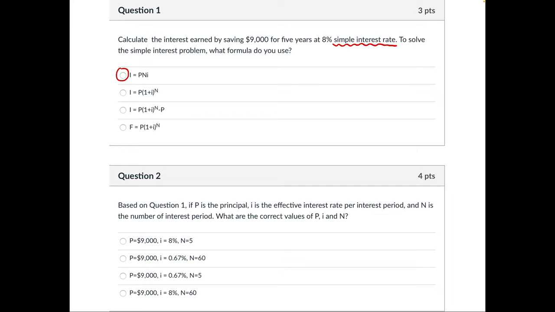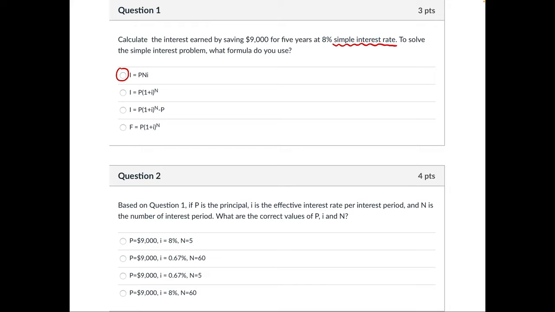Because the interest earned is by saving 9,000, that's the principal. So P is 9,000, and I is the interest rate per interest period. According to this problem, it's compounded annually, so that 8% per year will be the effective interest rate per interest period.